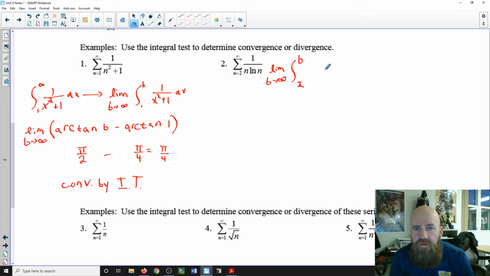So I'm going to rewrite this a little bit. I'm going to rewrite it like this. It's a little easier to see what the integral is going to be, unless you just know it. All right.